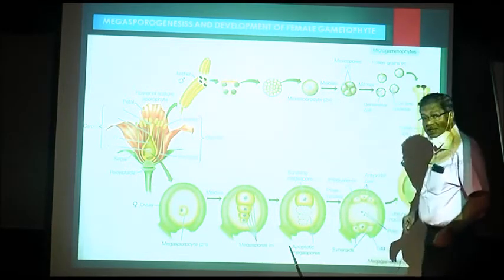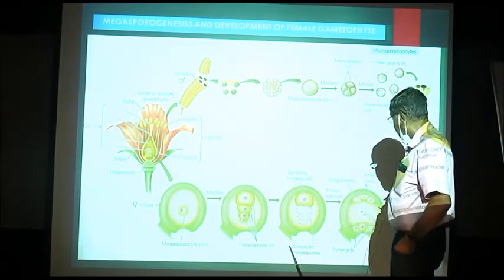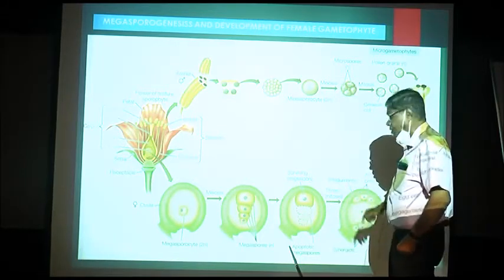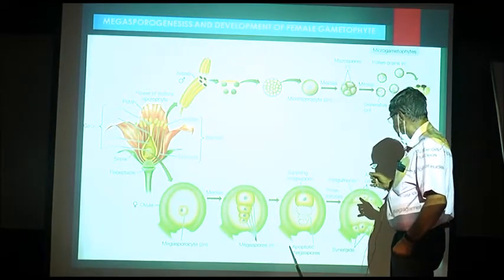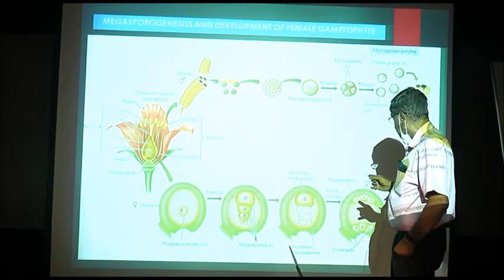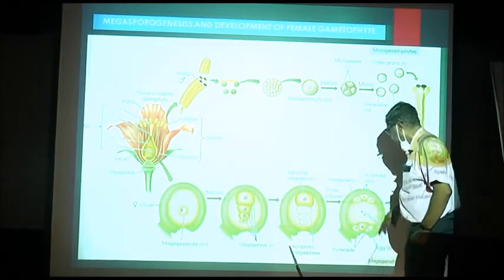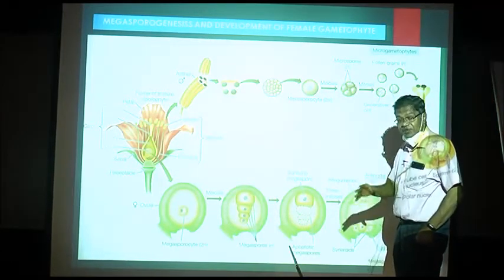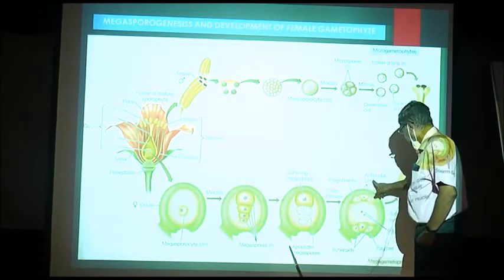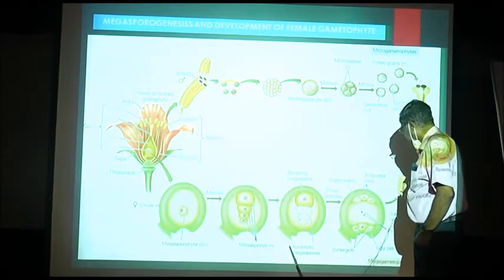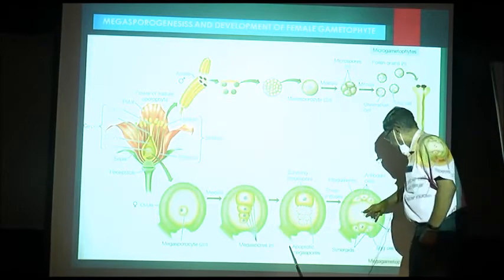This megaspore divides and redivides to form 8 nuclei. Now 8 is the number of nuclei inside the structure, and of these, by movement, 3 move to the chalazal end, 3 move to the micropylar end, and 2 remain at the center.